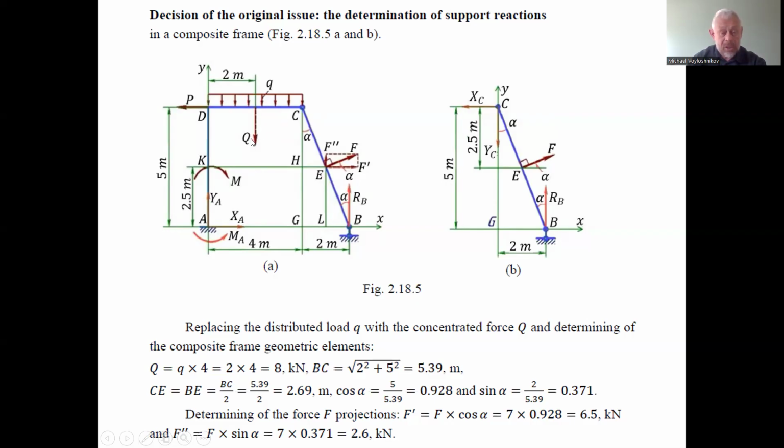The concentrated force Q rotates counterclockwise with a positive sign around this point. We have the force F rotating counterclockwise with the arm CE. We have the force RB rotating counterclockwise with the arm 2 meter.